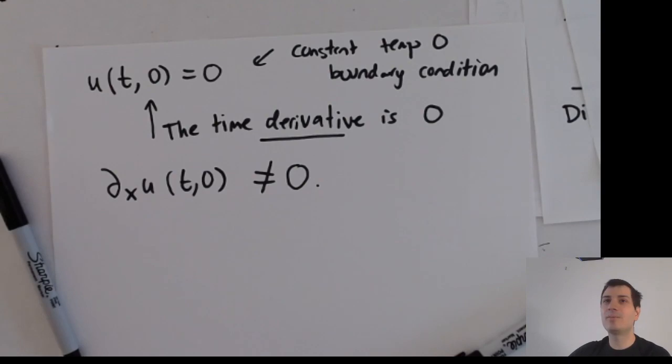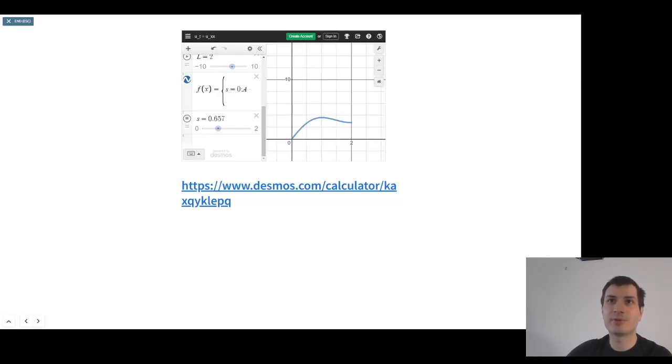The left end of the bar is this temperature 0 thing, so the left end is always at 0. The right end is the insulated thing, so the right end is always flat. So the right end is insulated and the left end is held at temperature 0.